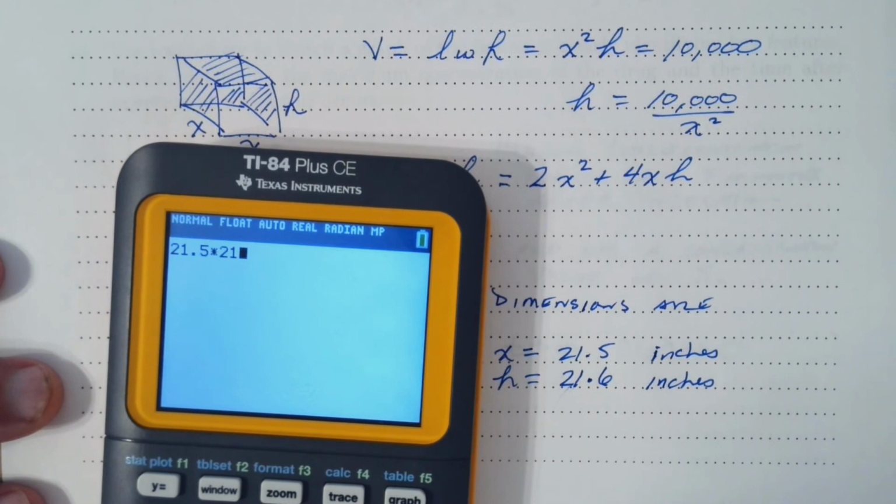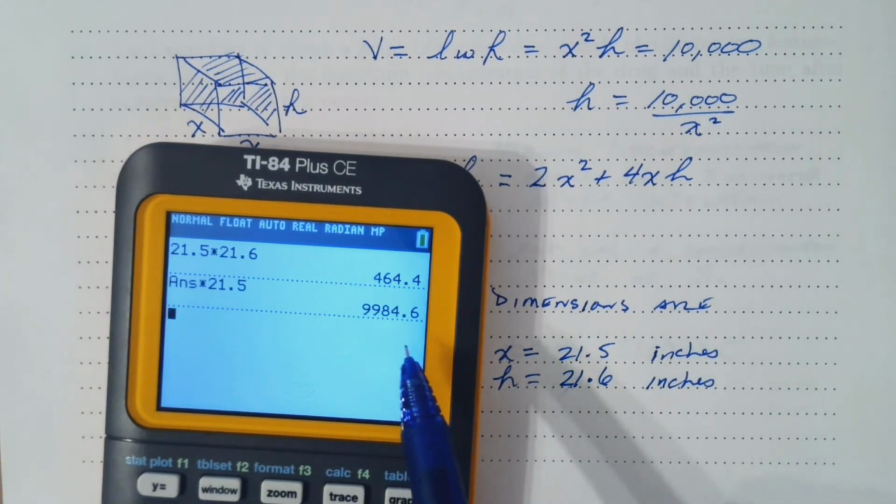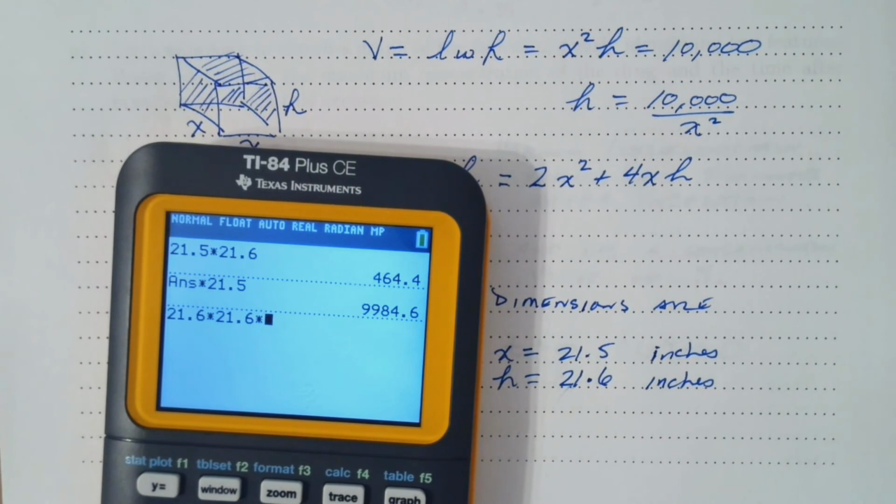We might have some rounding issues there, but let's just double check. 21.5 times 21.6, then times 21.5 again, gives me a volume that is very, very close to the 10,000 that I was looking for. So we probably did have some rounding occur.